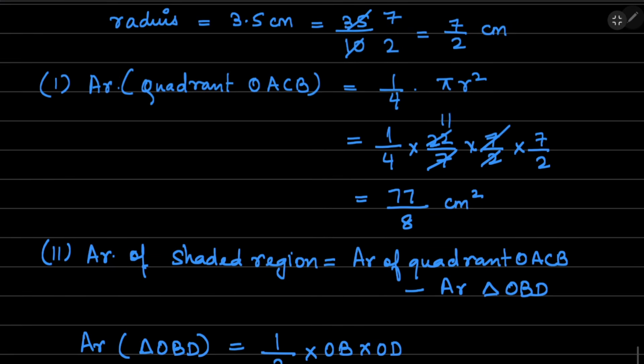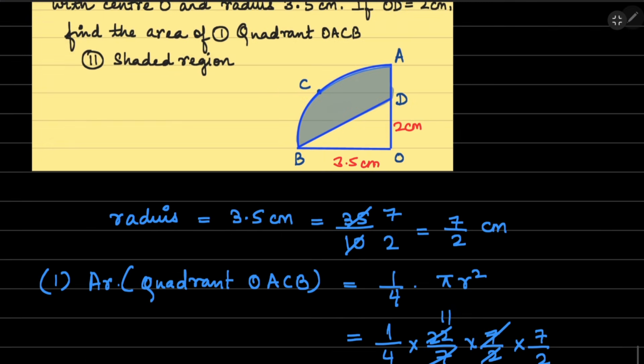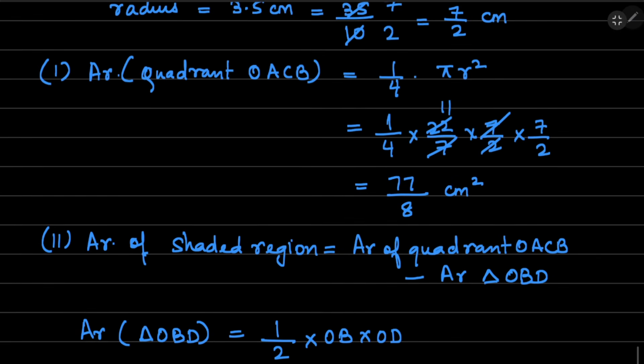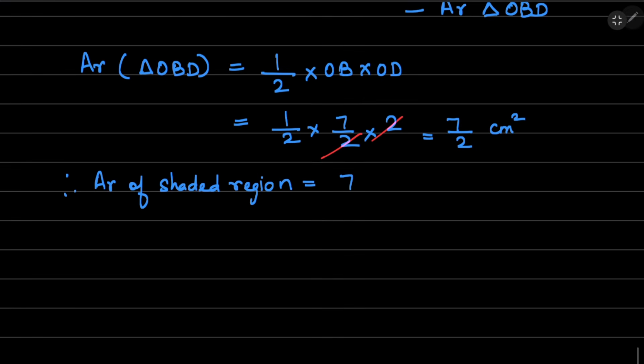Now that you know the area of the triangle and the area of the entire quadrant, when you subtract the area of the triangle from the quadrant, you get the area of the shaded region. So the area of the shaded region is equal to the area of the quadrant, 77 by 8, minus the area of the triangle, which is 7 by 2.